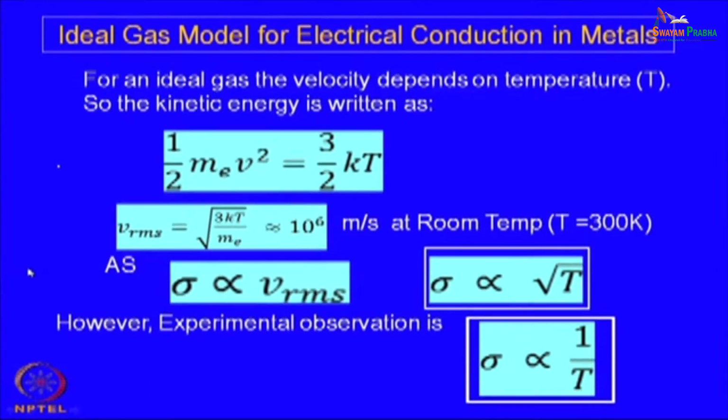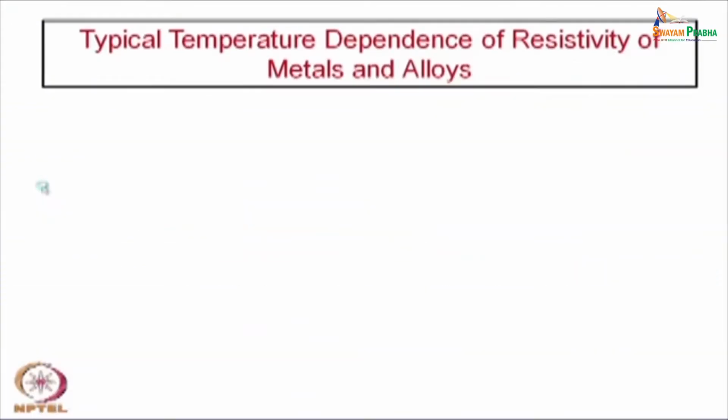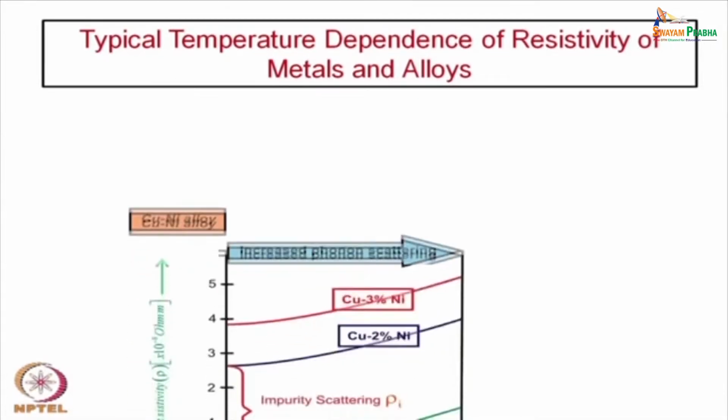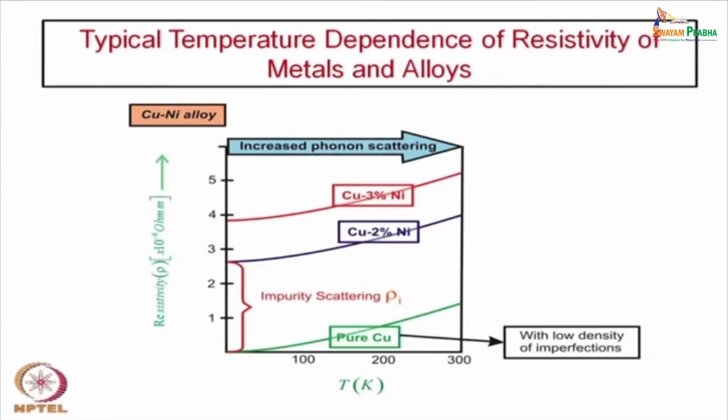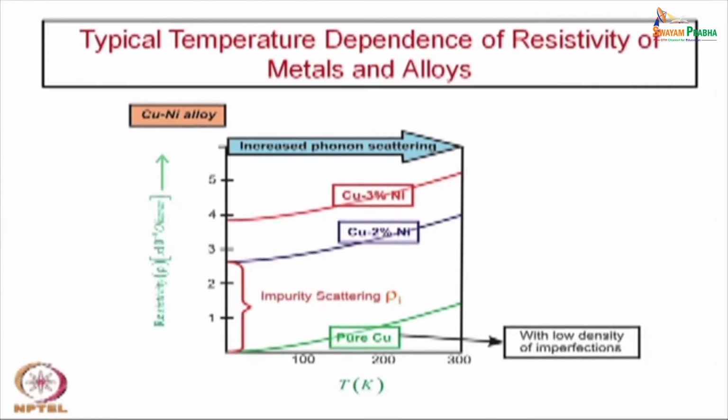Although one talks about a Fermi gas, this gas is completely different from normal inert gas molecules. So, that is one observation, just to show that the ideal gas model is not really suitable or applicable to explain the temperature dependence of electrical conductivity.